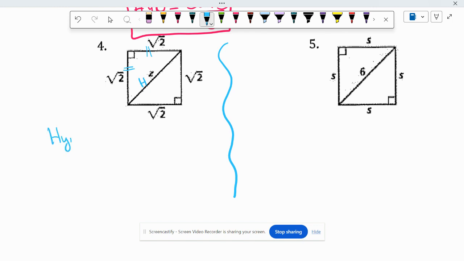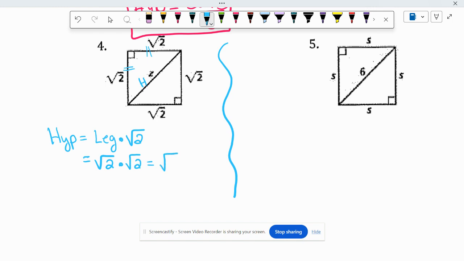Look at your 45, 45 rules. The hypotenuse equals what? The leg times, what do the directions say? You can either look at your pink sheet: the hypotenuse equals the leg times the square root of 2. Well, what is the measurement of the leg? So I have the square root of 2 times the square root of 2.